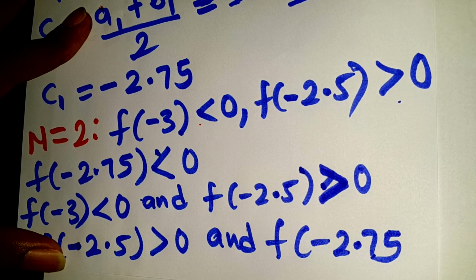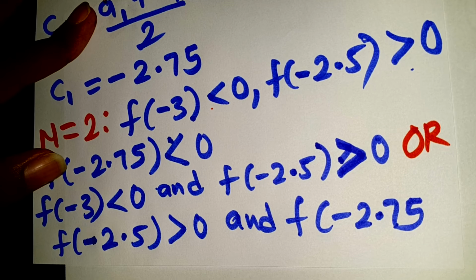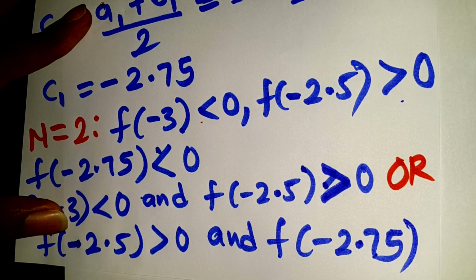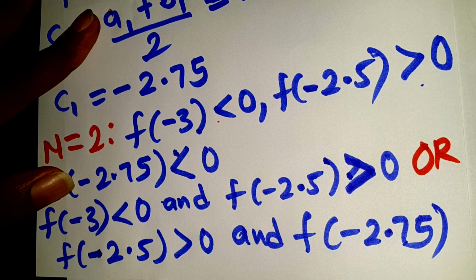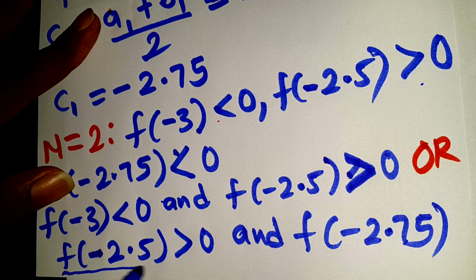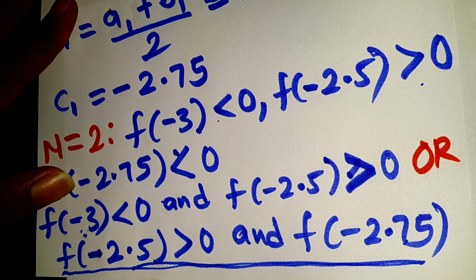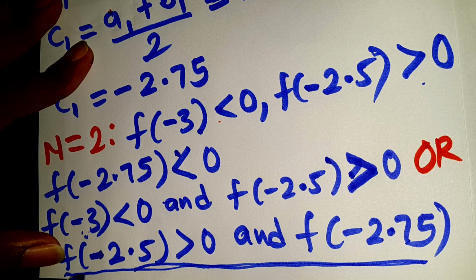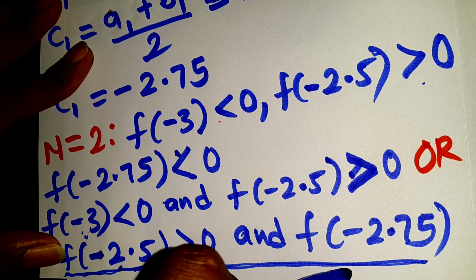You can choose this or this as your new values. But here we have to choose the least value. The least value that we got was this, so we have to use this. We have to ignore minus 2 because we've used it in two iterations. So now we use minus 2.5 and minus 2.75 as our new values.